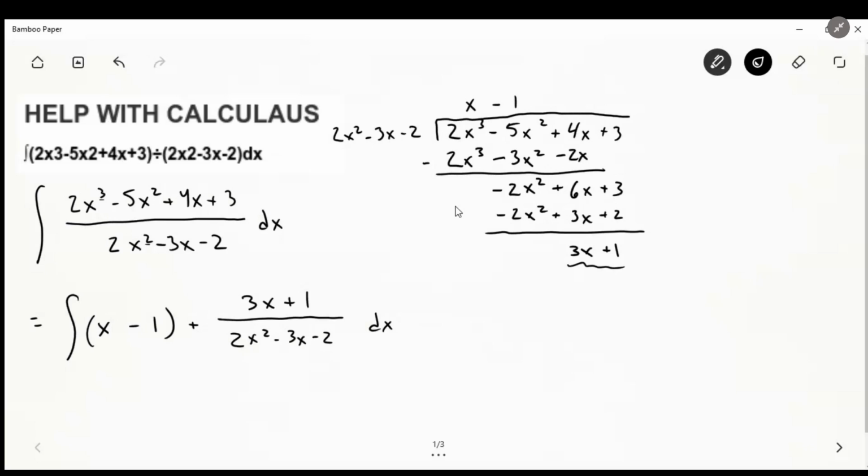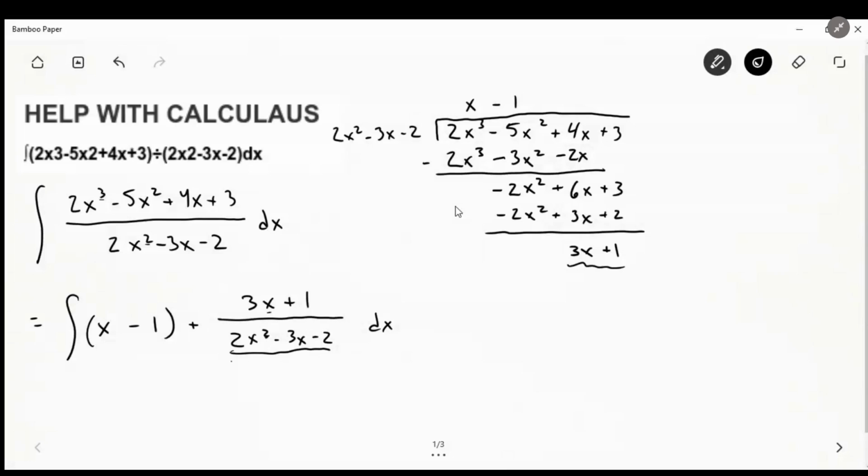And now we see that we have a first degree term in the numerator and a second degree in the denominator. So now you might be thinking partial fraction decomposition. And I would be thinking, yeah, that sounds good. So if we want to rewrite 3x plus 1 over this in a different way, we should factor that denominator.